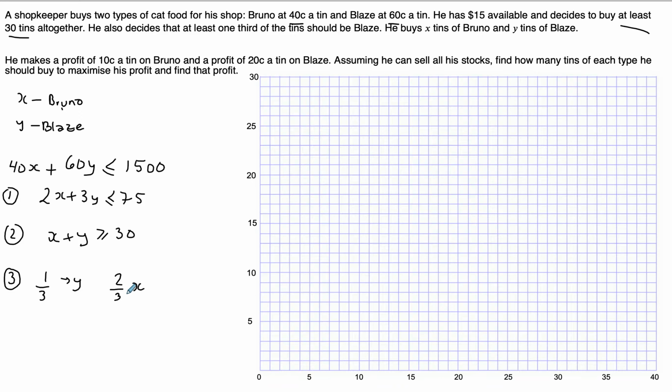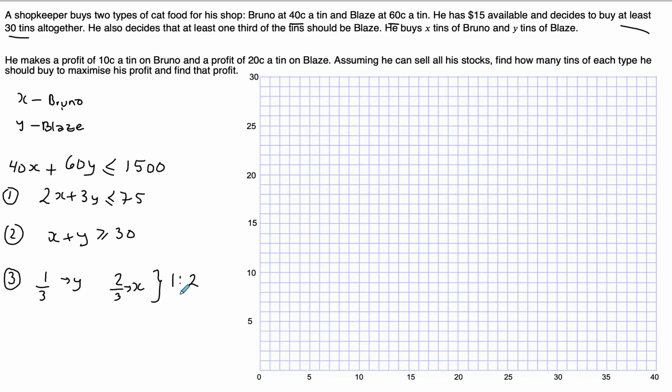So the best way to combine the x and y together is to, weirdly enough, divide them. So another way to look at this is we could think of it as a ratio. So for every one Blaze can, you need to have 2 Bruno cans.